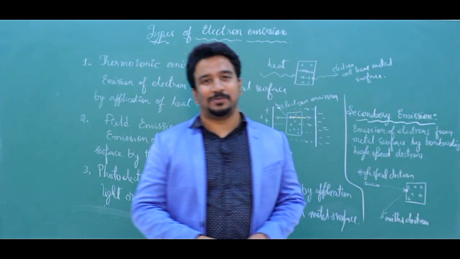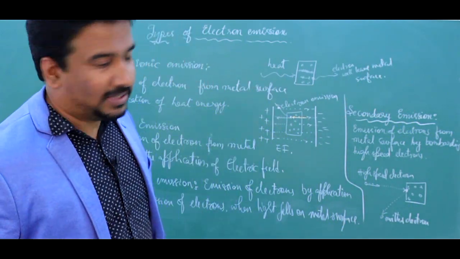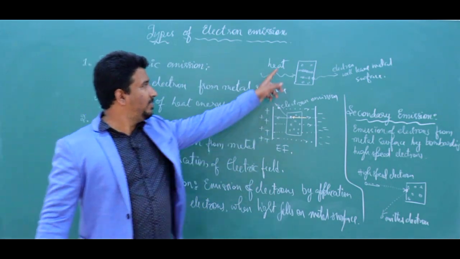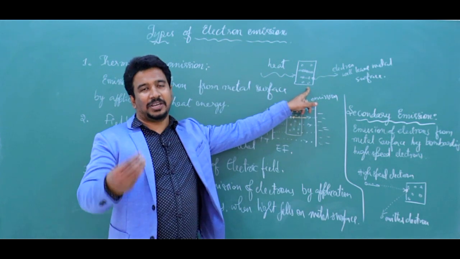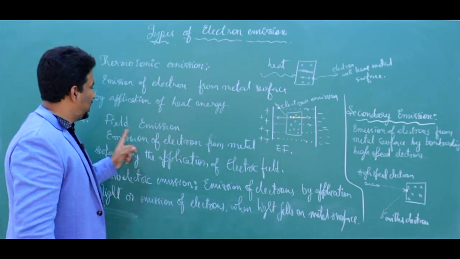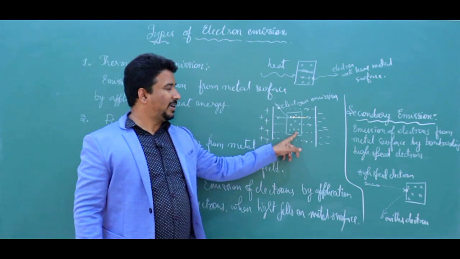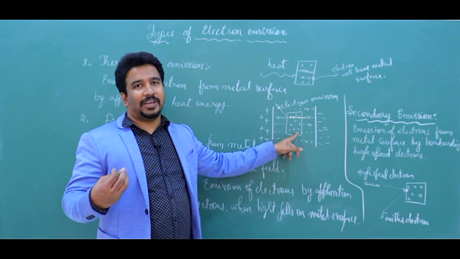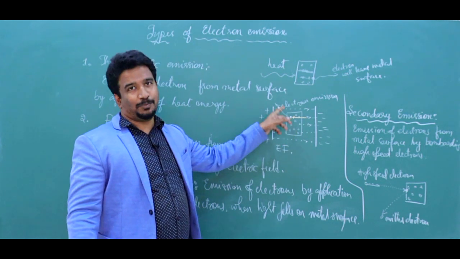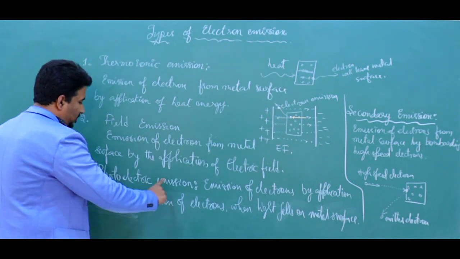These are the four types of electron emission. Look here. What is the first one? First one is thermionic emission, where we heat the metal surface. Because of the vibration, electrons will leave the surface. Field emission: we keep the metal inside an electric field and increase the strength of the electric field. Because of that, electrons will jump out of the surface. The third one is photoelectric.